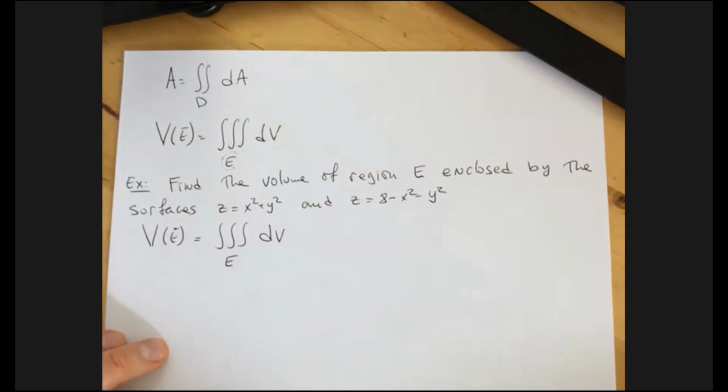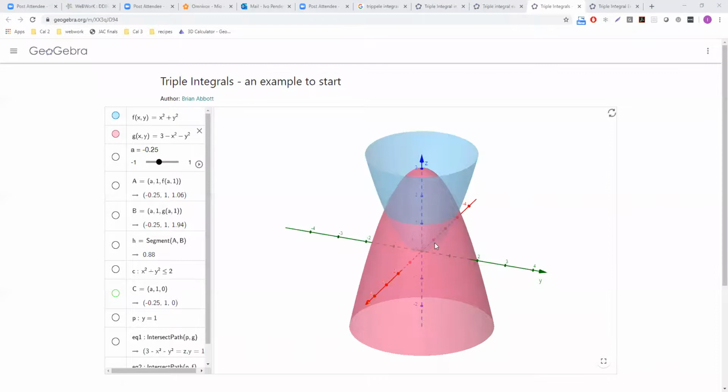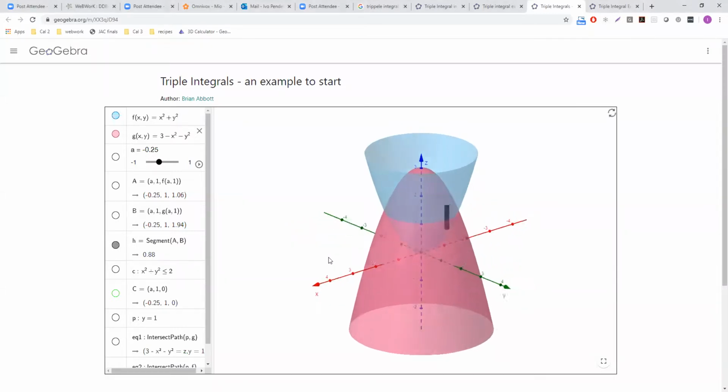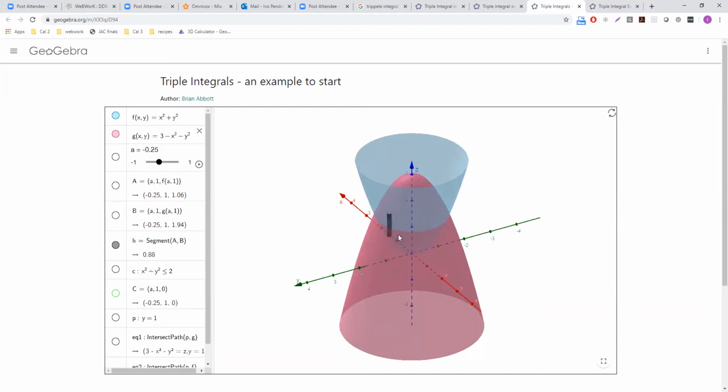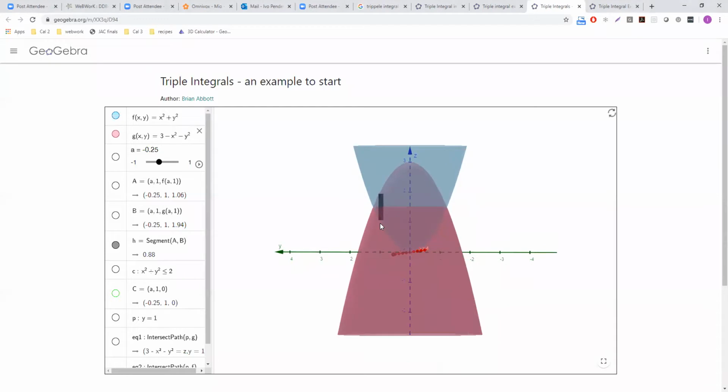Most probably the easiest way is to start by bounding the z value. For any xy point, from where to where does the z value go? It starts at the paraboloid x squared plus y squared, and its upper bound is the inverted paraboloid, 8 minus x squared minus y squared.